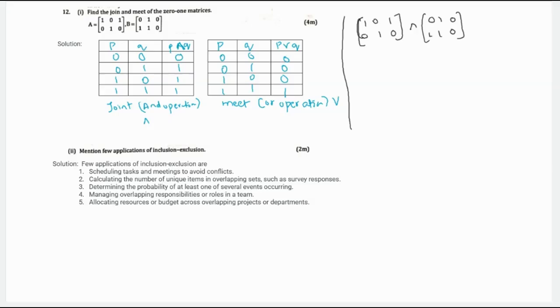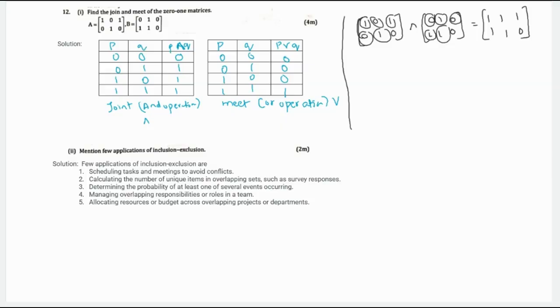The join operation says: 0 0 0, remaining all it is 1. So 1 and 0 is 1, 0 and 1 is 1, 1 and 0 is 1, 0 and 1 is 1, 1 and 1 is 1, 0 and 0 is 0.